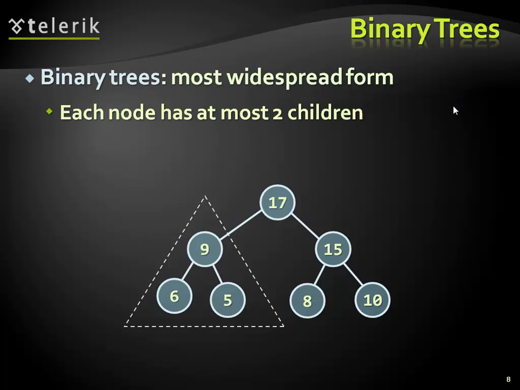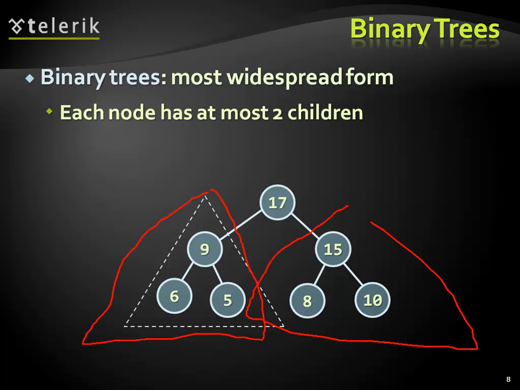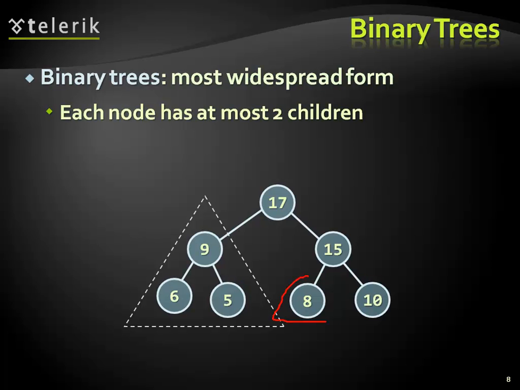Now, binary tree. Well, I told you what the binary tree is. A binary tree, defined in another way, is a tree in which each subtree, this thing, is called a subtree. And this thing is also called a subtree. And this thing can also be called a subtree, although it has only one element. It's still a subtree. Each node has only two children and only one ancestor or parent.